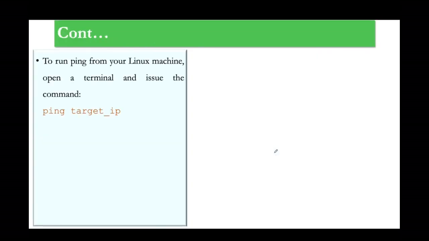If we run the ping command in the command prompt of your Kali Linux machine, you will give the command ping and the target IP address which we collected during the first phase of our penetration test.